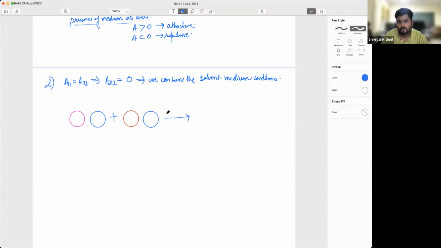Which means, leads to... so this is let's say 2, this is 3, this is 3, and there's the doublet.